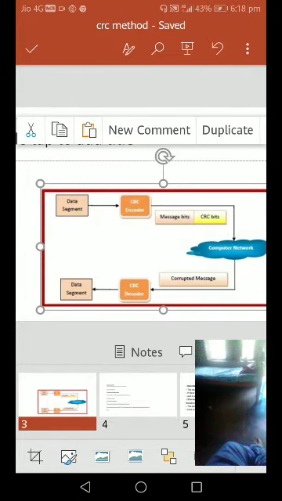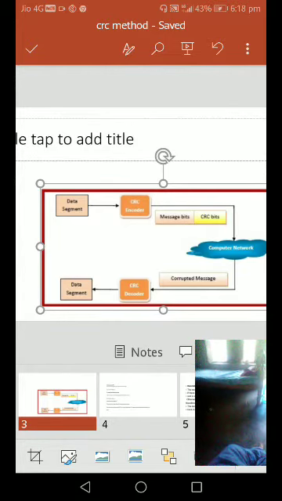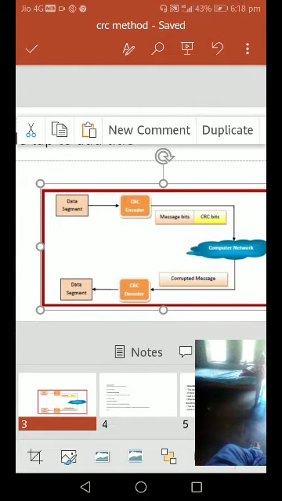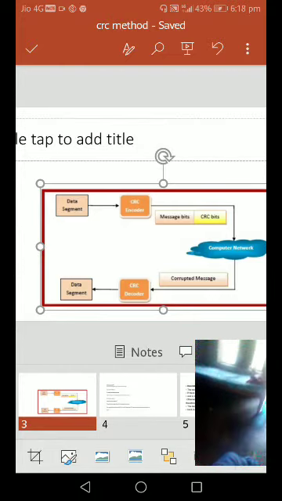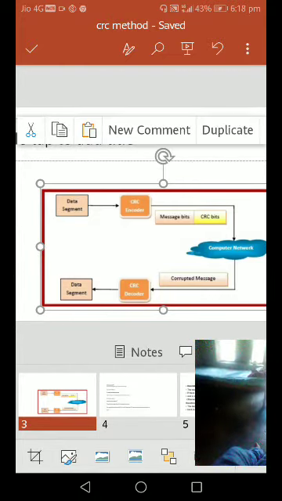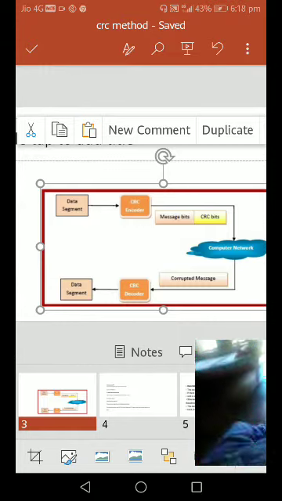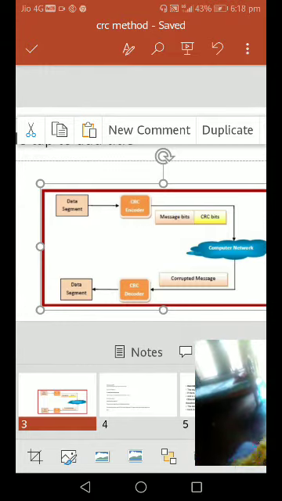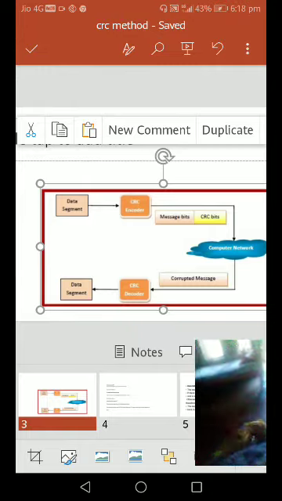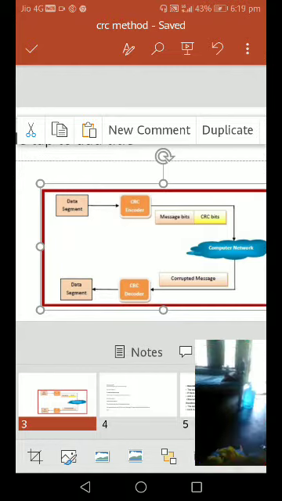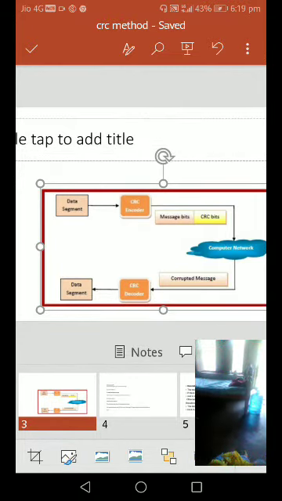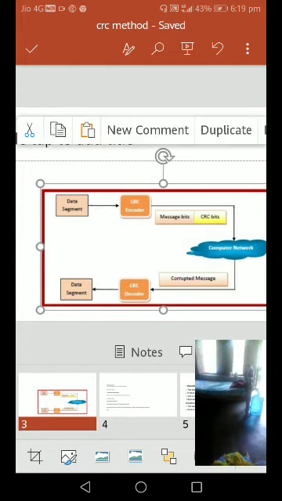That original data will be added, taking the data bit plus n minus 1 bits, the original data bit, and the original data. Again the remainder.